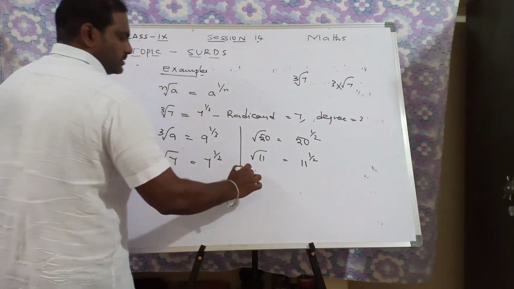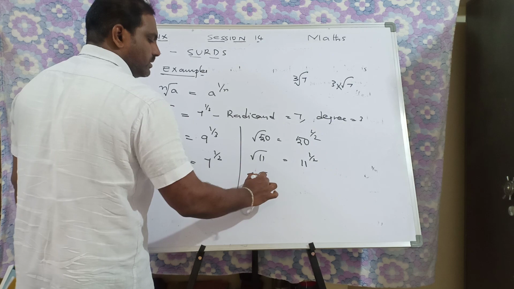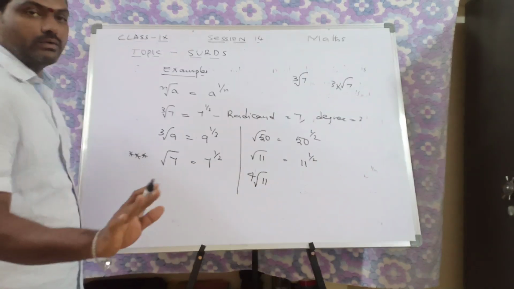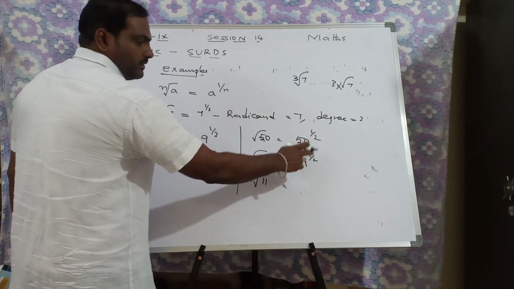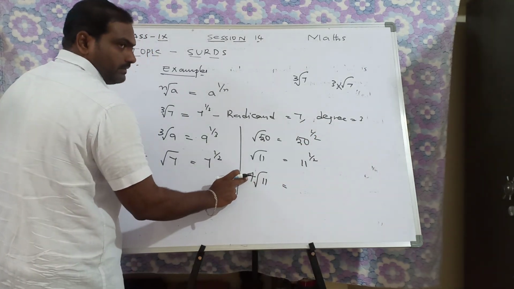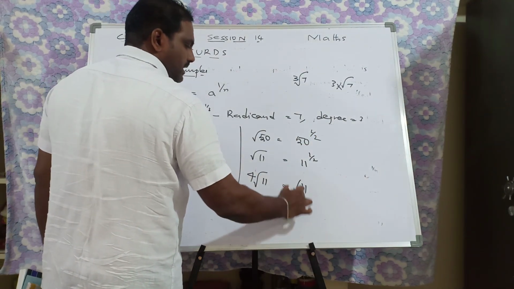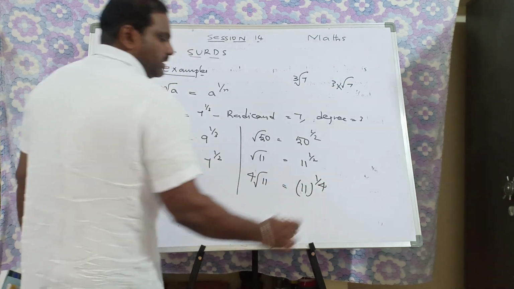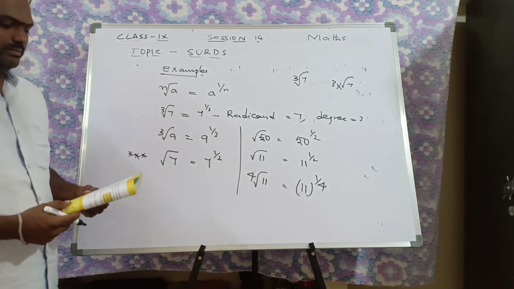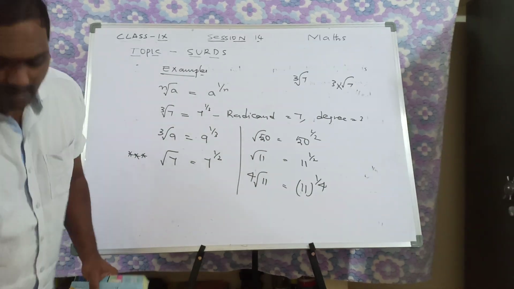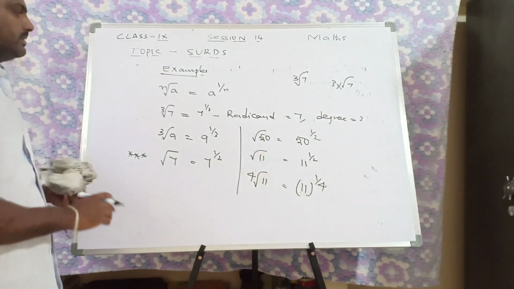Suppose 4th root 11, not 4 root 11. So how to write this one? Don't write 11 power 1 by 2. If a number is given, we have to write it as 11 power 1 by 4. If only square root is given, we have to write it as 11 power 1 by 2. Got it? Now, these are the basic examples.